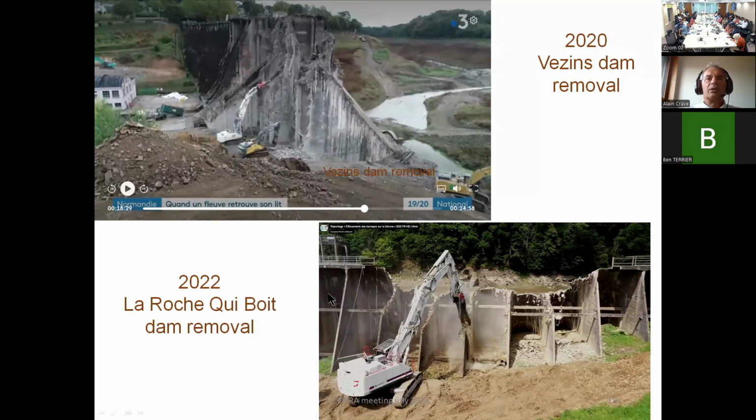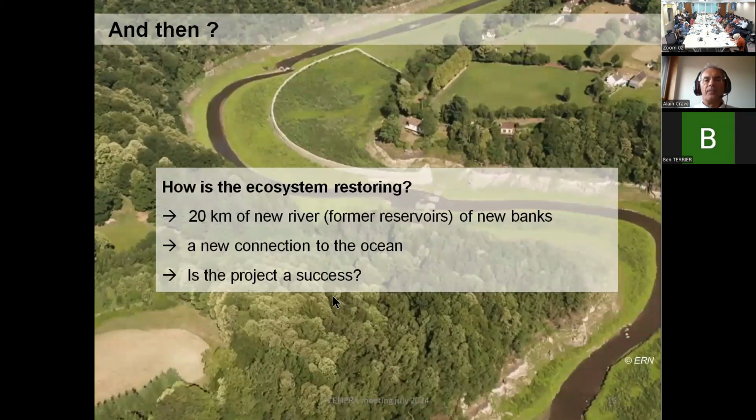The main questions that we are looking at with the scientific team are to understand in how much time the river will go back to more or less natural values, and what the main problem is about sediment transit to the Mont Saint-Michel Bay.